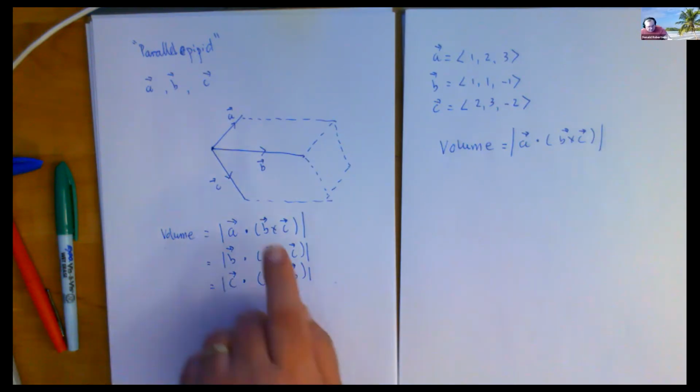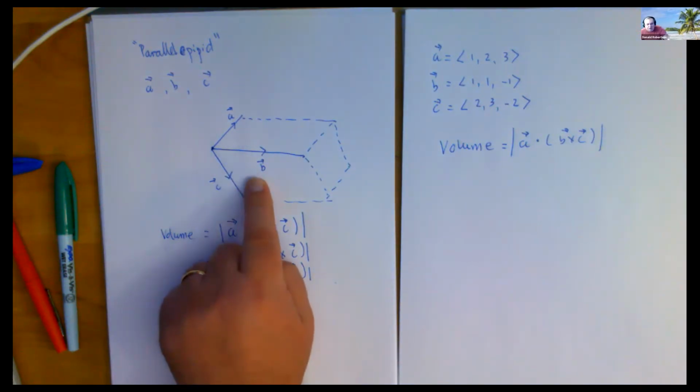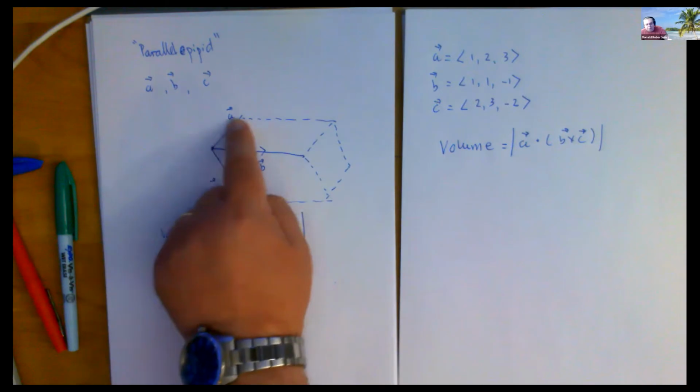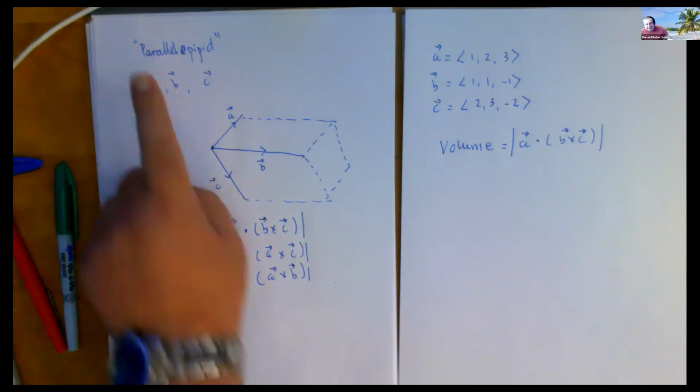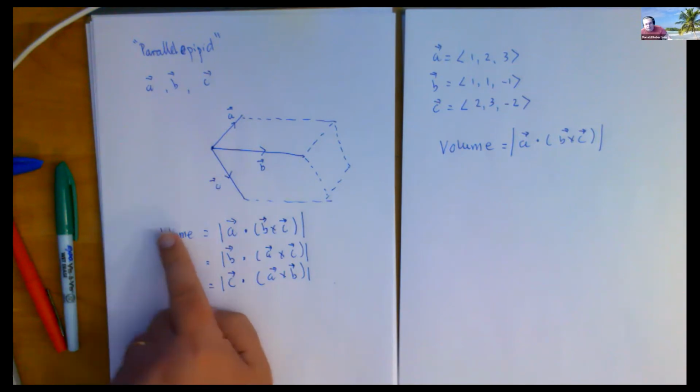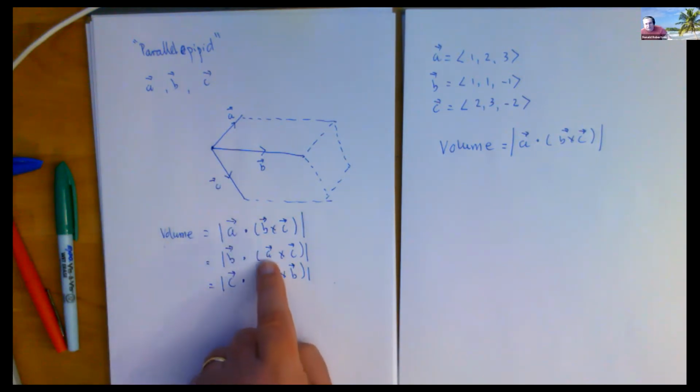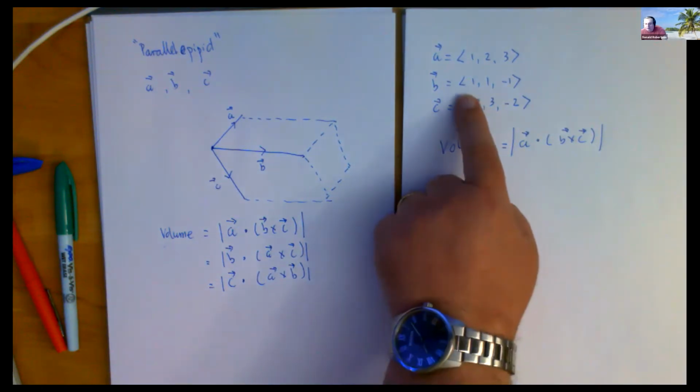But are we comfortable with the fact that 3 vectors typically generate this 3-dimensional parallelogram thing, which is called a parallelepiped, and that you can get its volume by doing any one of these 3 combinations? And we're about to do this fella.